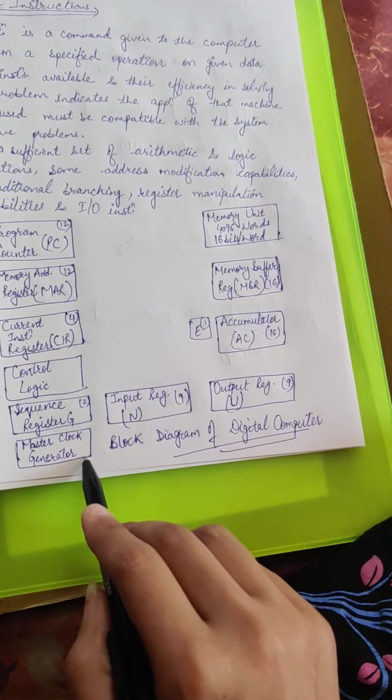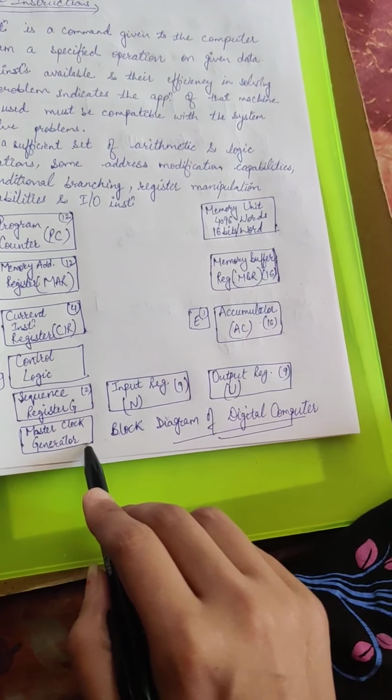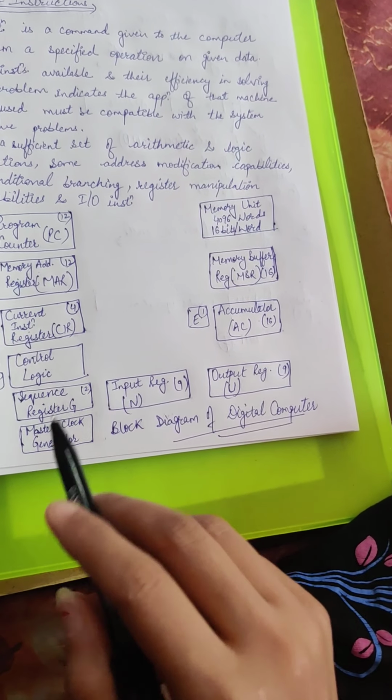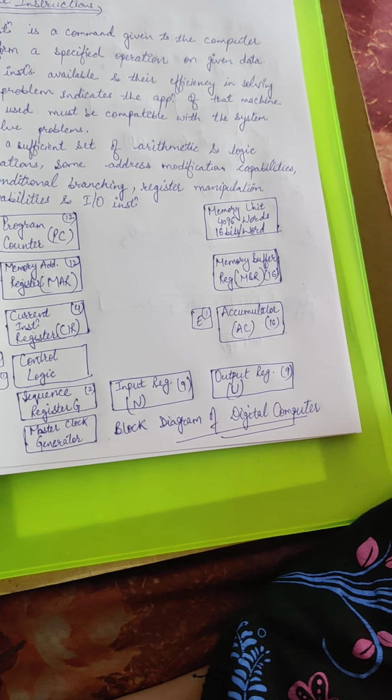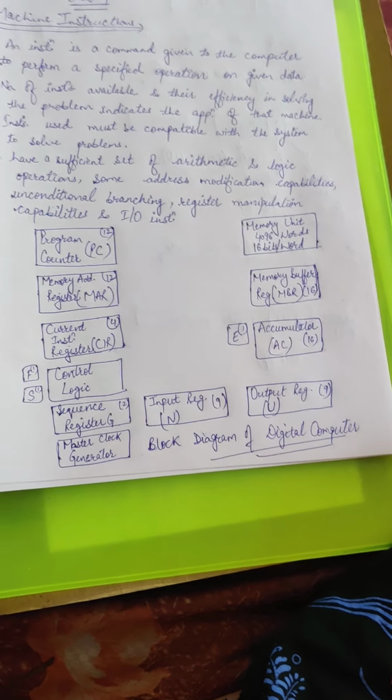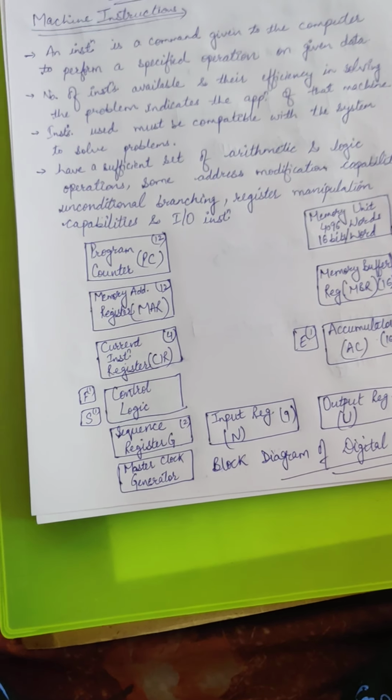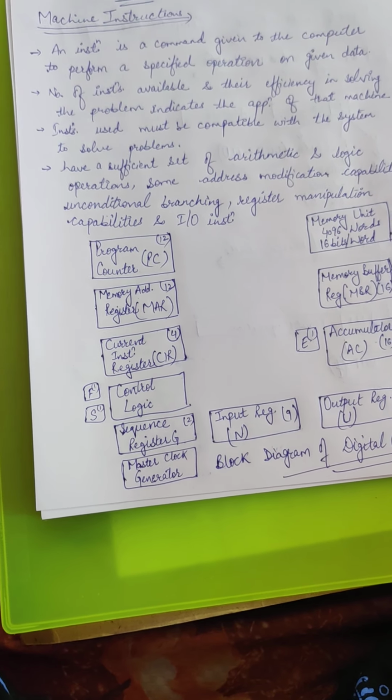Master clock generator is used to generate clock pulses through which we can synchronize our system.